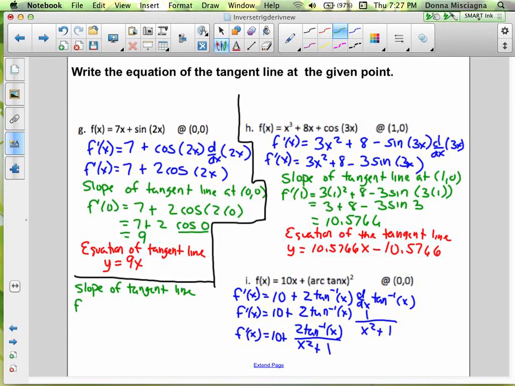So we have f prime of 0 equals 10 plus 2 arctan of 0 over 0 squared plus 1. Essentially that's just 10 plus arctan of 0.